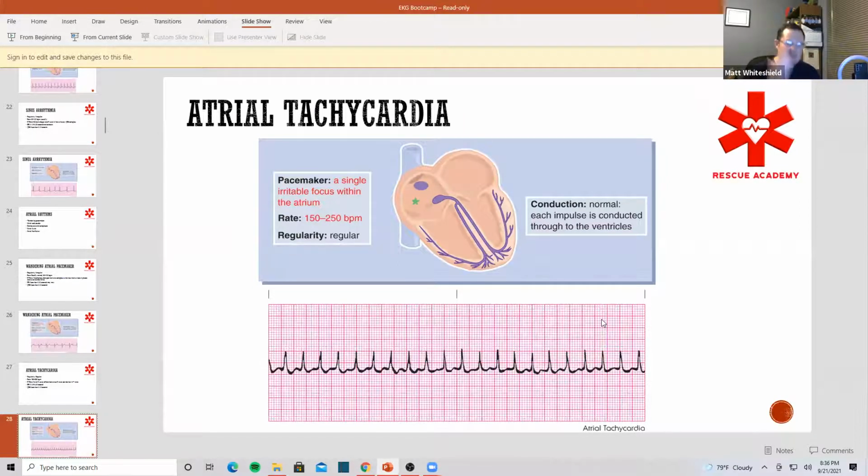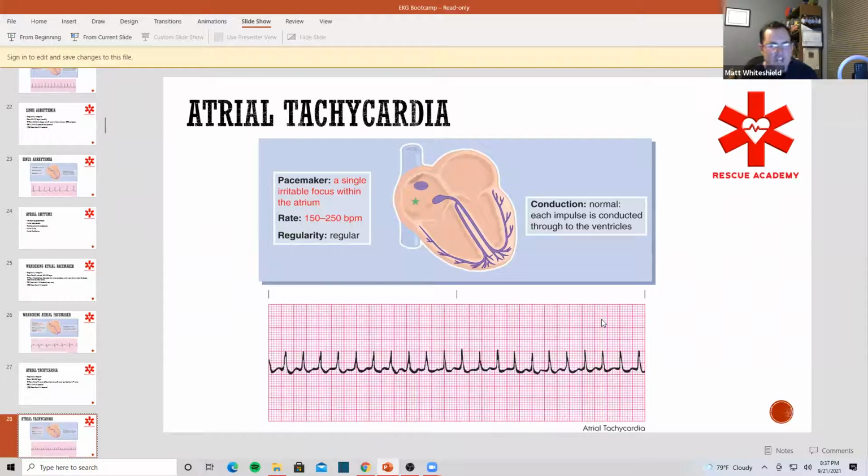Can I definitively say that that's atrial tachycardia though? Not really, man. Just because, again, I don't know if that's a T wave or not. That's why we call it SVT, supraventricular, above the ventricles tachycardia. This could be originating in the SA node. This could be originating in the AV node. I'm not 100% sure.